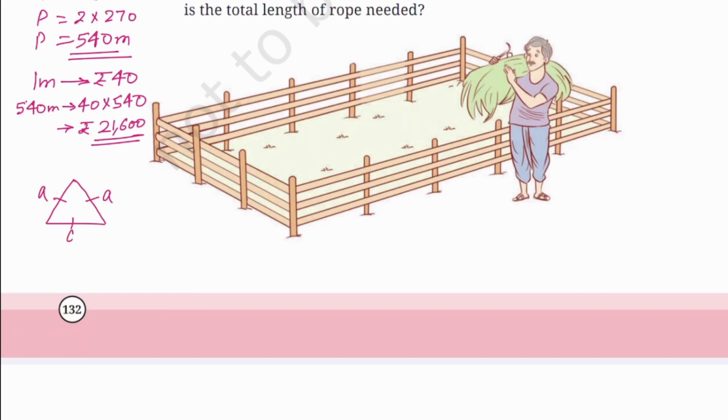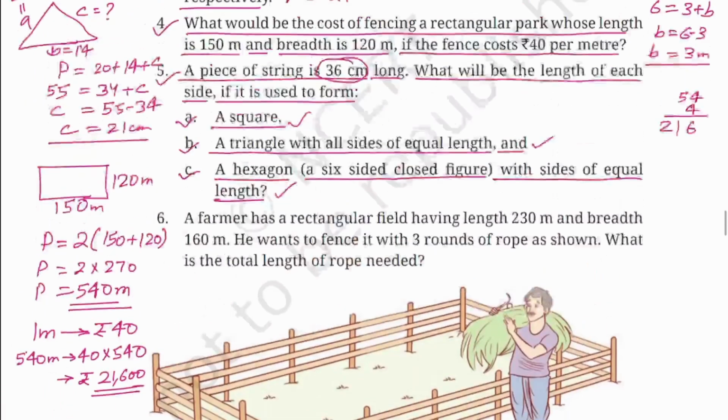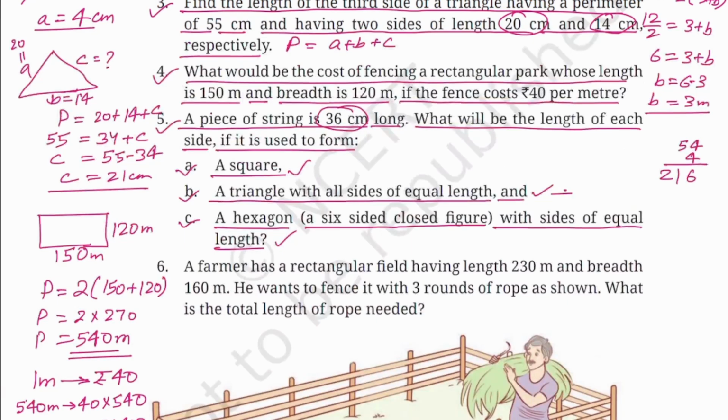All sides are equal for a triangle. Then perimeter will be 3a. It is given 36 is perimeter, so side length will be 36 by 3 or 12 centimeter. This will be for the second one, that is triangle.